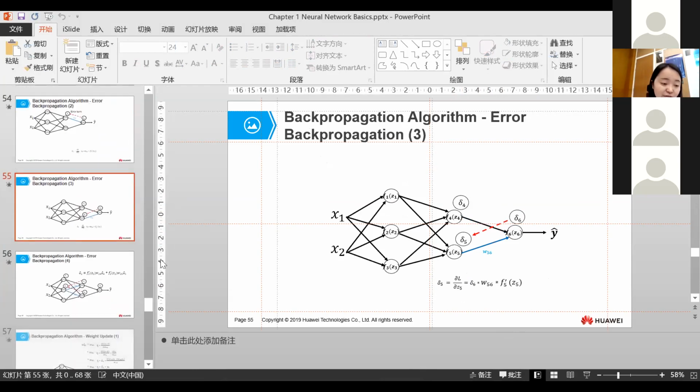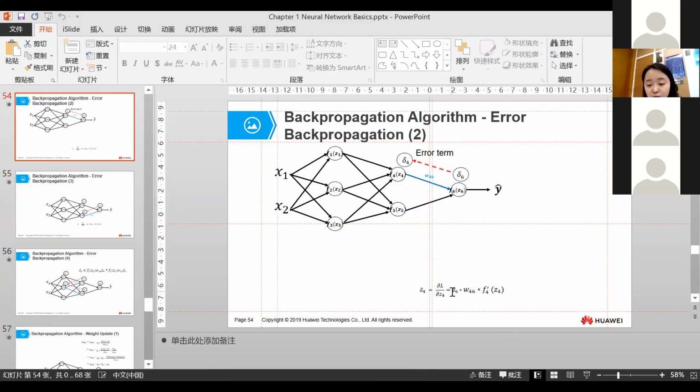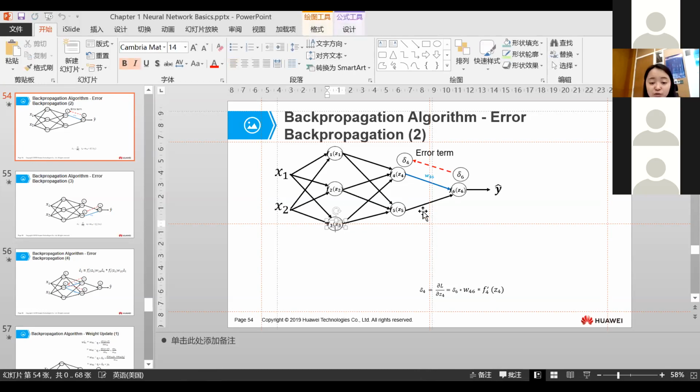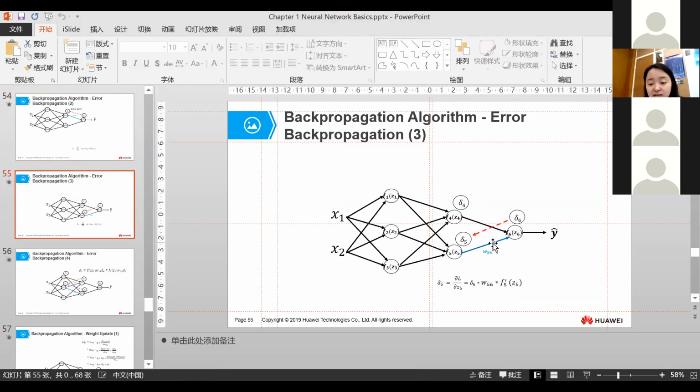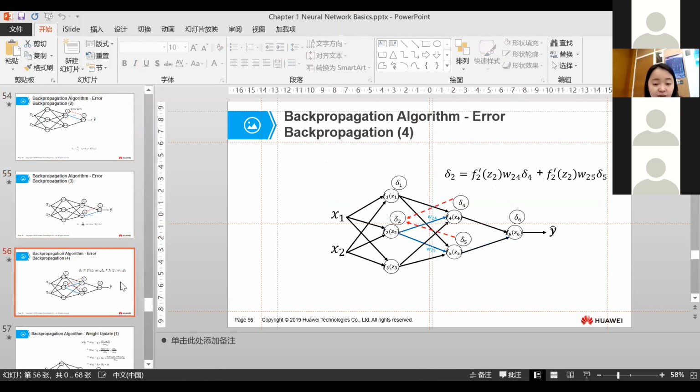Sorry, not the loss function, the activation function. So we use this function to backpropagate our error to determine how much error these neurons generated. So we backpropagate the error term, that is sigma 6 to sigma 5, and sigma 4, sigma 5 to sigma 2.